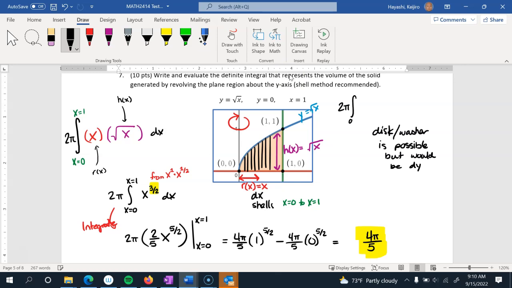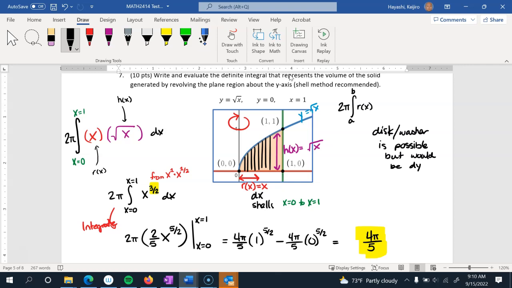So the formula for the shell method is 2 pi times the integral from a to b of whatever your radius function is, which tends to just be your variable. The only reason it would ever be different is if you have an axis of rotation that's somewhere away from your x-axis or y-axis.